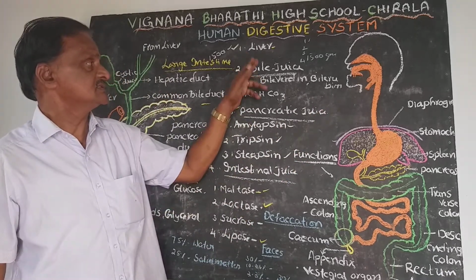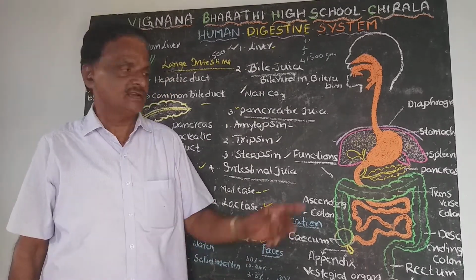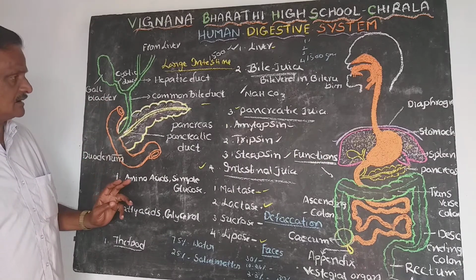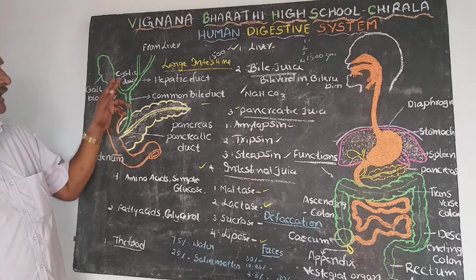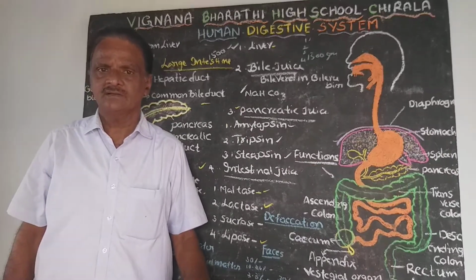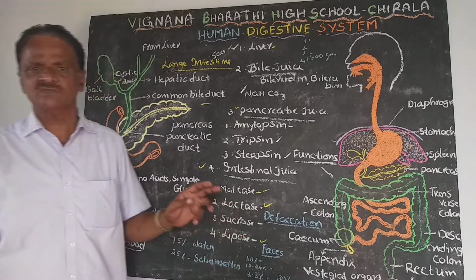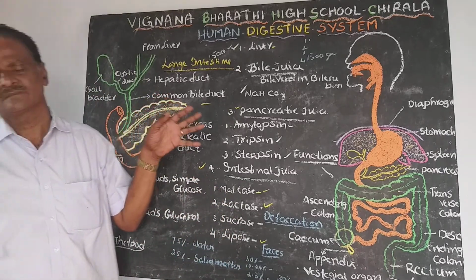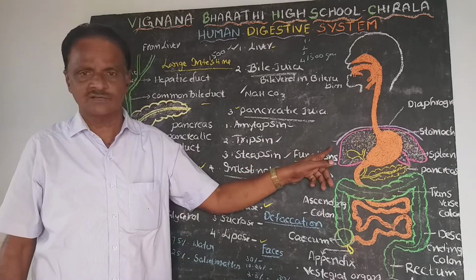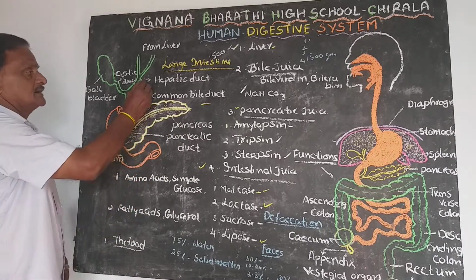Next is bile. Bile means bile juice. It is yellowish green in color. It is a watery fluid produced by the liver, which is transported through the hepatic duct.